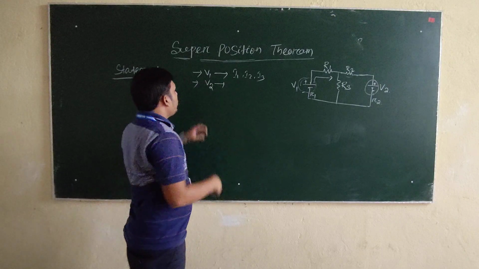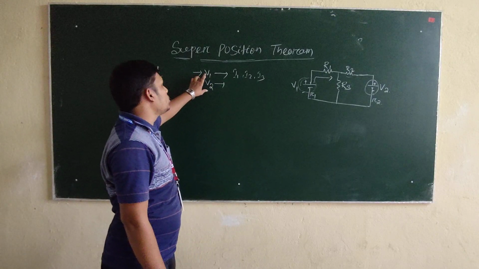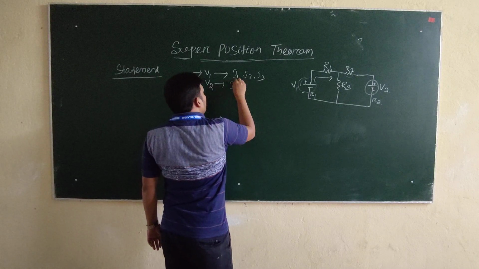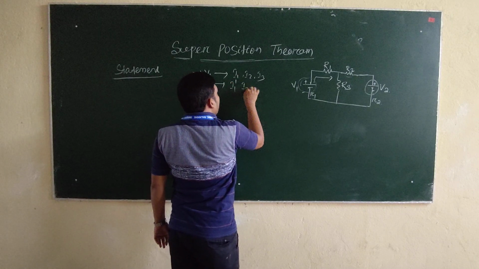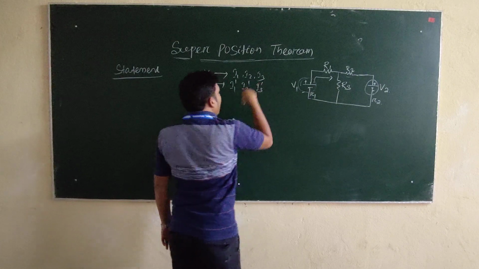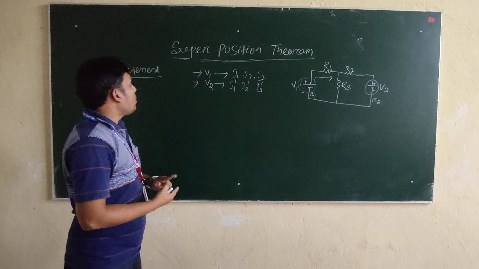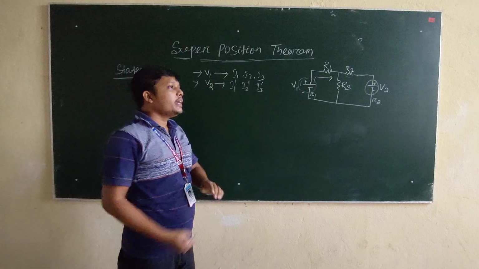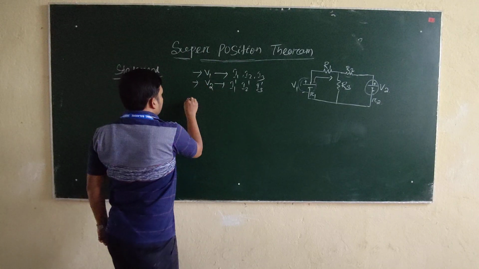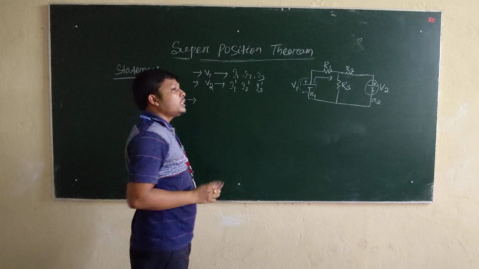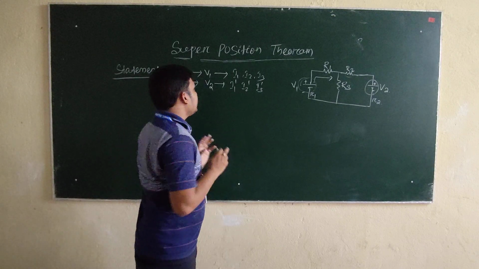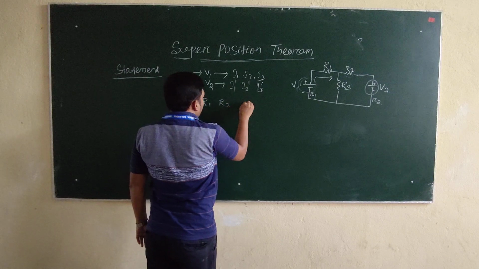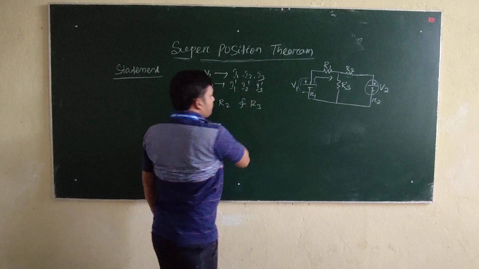When we consider voltage source V2, we again get three currents, I1 dash, I2 dash and I3 dash. Our motto in applying the superposition theorem is to find the resultant current in R1, R2 and R3.